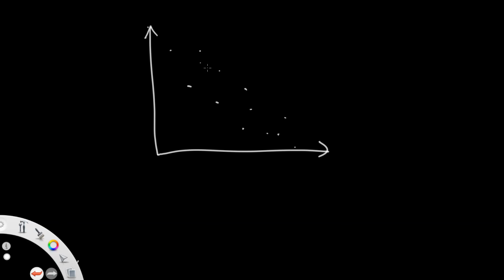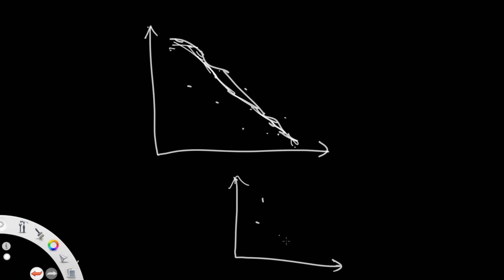For example, over here we can see that it has a negative correlation, because if we try to make it out, we can see that the overall trend goes downwards. So we can say that this has a negative correlation. However, if we looked at another figure like this, where all the points are plotted randomly, then we cannot conclude whether it's a positive or negative correlation.